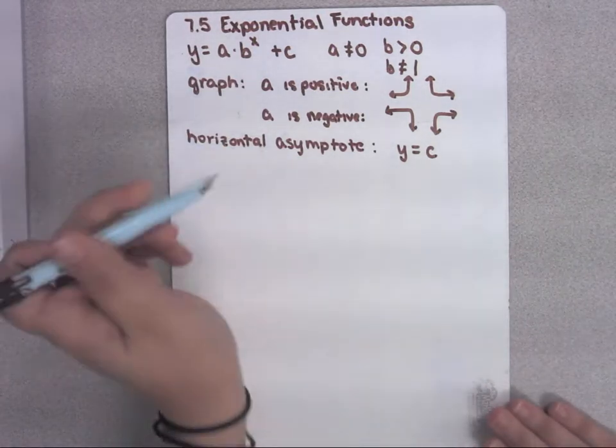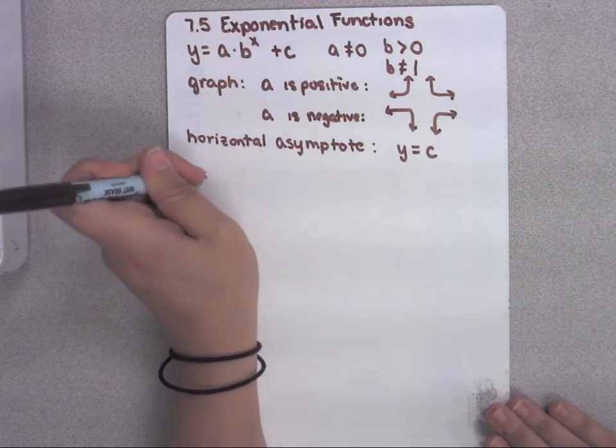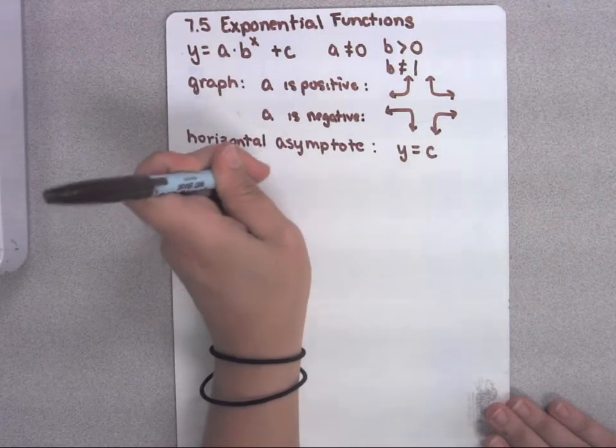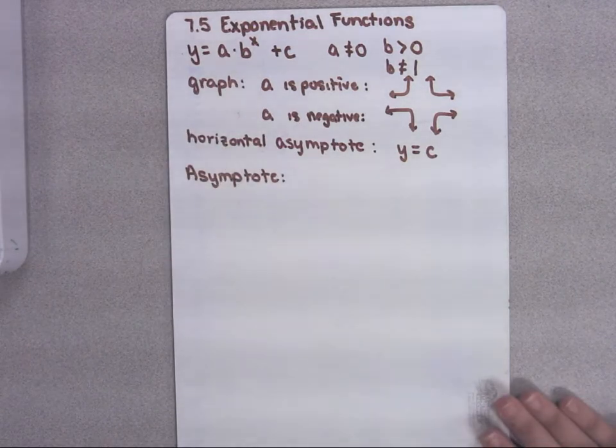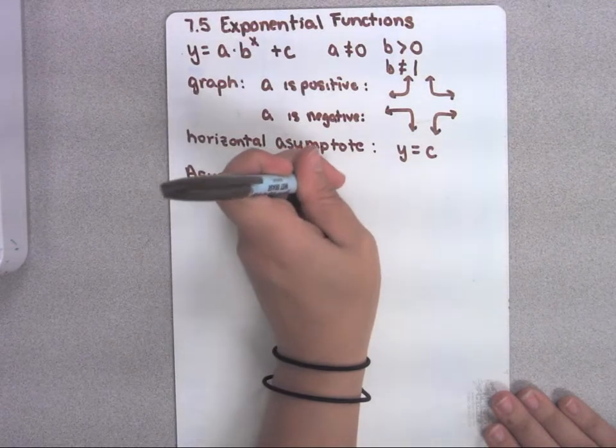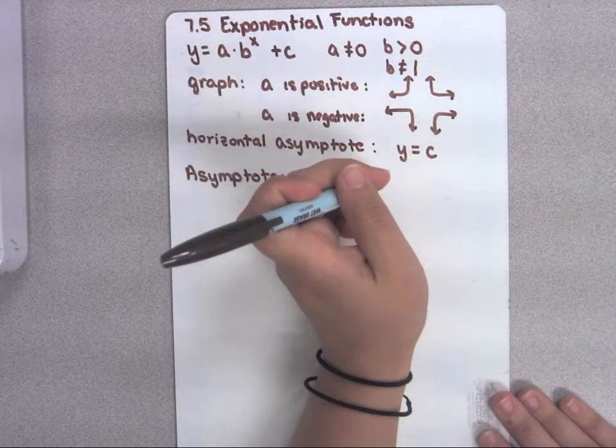Okay, so now let's learn what an asymptote is. So write asymptote again, A-S-Y-M-P-T-O-T-E. So an asymptote is a line, it's really imaginary, okay?